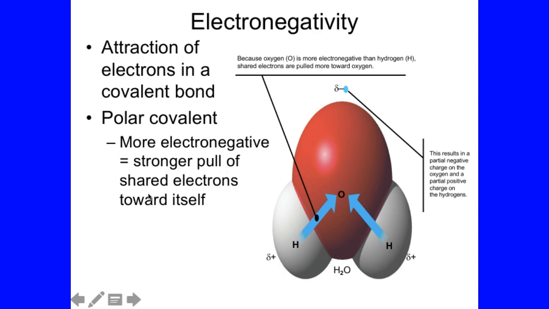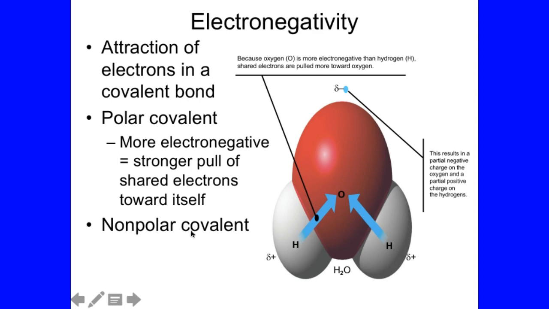So there's a stronger pull of shared electrons toward this electronegative portion right here. The electrons are circling around each of these atoms, but they're going to spend more time around the oxygen atom than the hydrogens, because of the greater pull going this way. That is why it is considered a polar covalent.